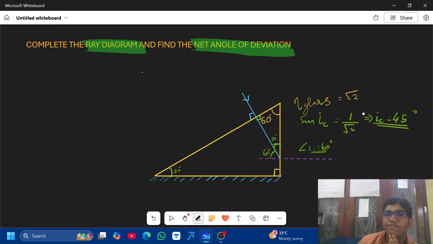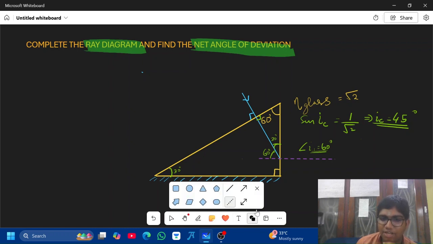So critical angle for glass prism of refractive index √2 is 45 degrees. From this we infer that TIR actually occurs here, since the angle of incidence in this case is greater than 45. In fact, it is 60 degrees. So total internal reflection occurs. We have arrived at that conclusion.